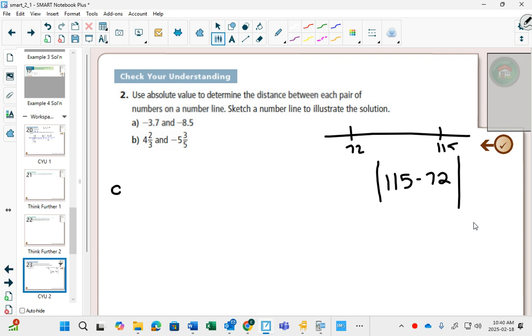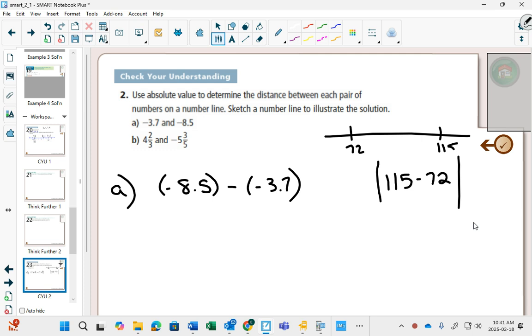Example A is a great example, because when I'm looking at them, your gut says 8.5 is bigger than 3.7. So you might think negative 8.5 is bigger than negative 3.7 and accidentally do this, negative 8.5 minus negative 3.7. Technically, this is the small one, this is the big one.